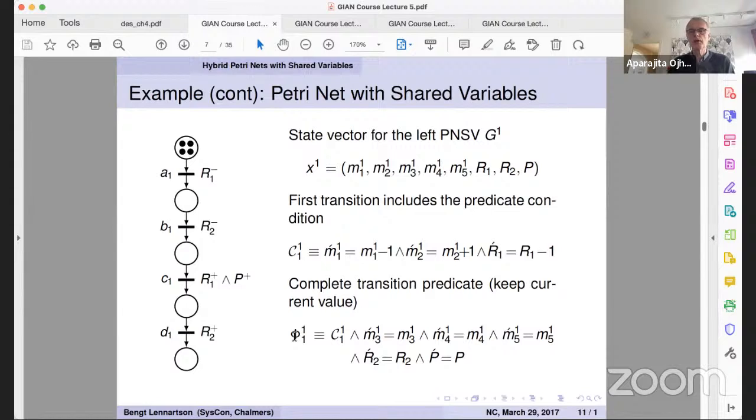So this is an equivalent formulation compared to, for instance, the transition matrices with the input and output matrices A plus and A minus we had for the Petri-net.